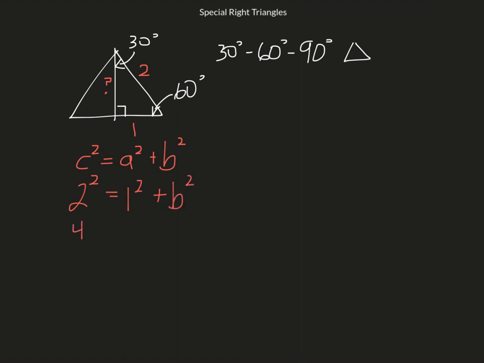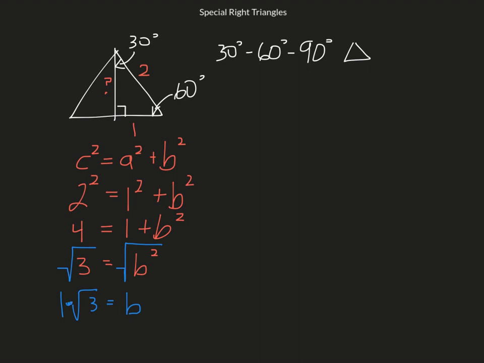Well, this is 4 equals 1 plus b squared. If we subtract 1 from both sides, 3 equals b squared. Now, how do we find the value of b? Well, we square root it, right? That's how we unsquare. So the square root of 3 equals the long leg. More importantly, it is 1 times the square root of 3.